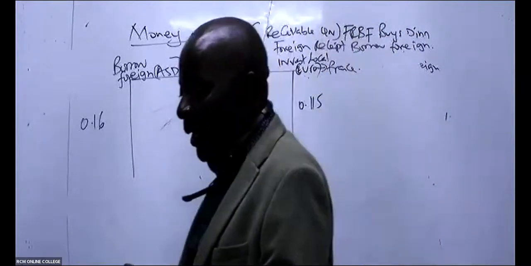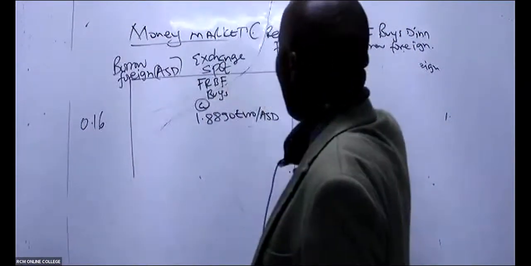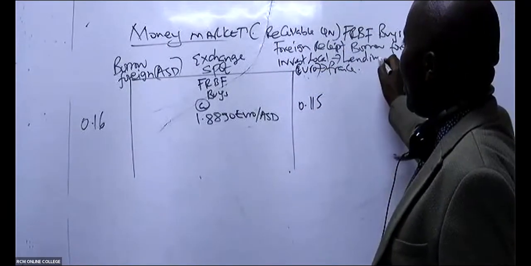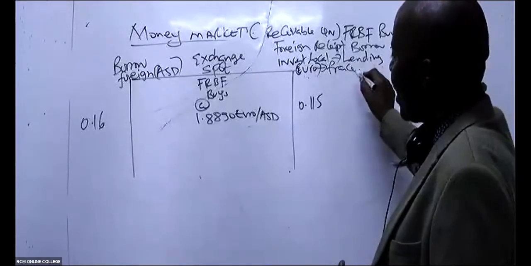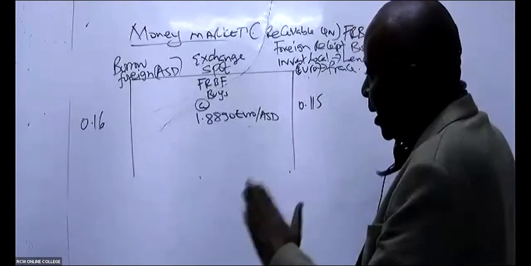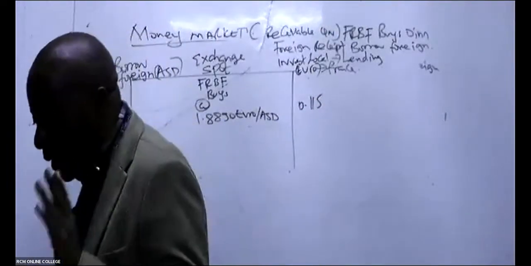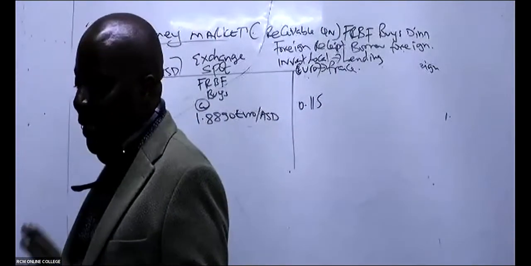Because in the euro market we are investing, and to invest is the same as lending. Go to France under lending. What rate do we have there under lending? 11.5.